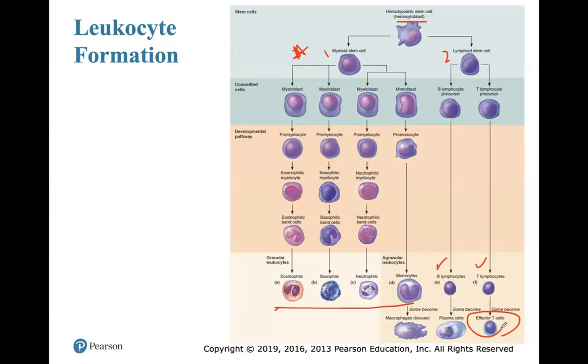Effector T cells are the ones that actually do the work, not the T lymphocyte. Similarly, when B lymphocyte has to work, it forms a plasma cell. This is the cell that produces antibodies. So they get converted into another active form. T and B lymphocytes are not the final form.